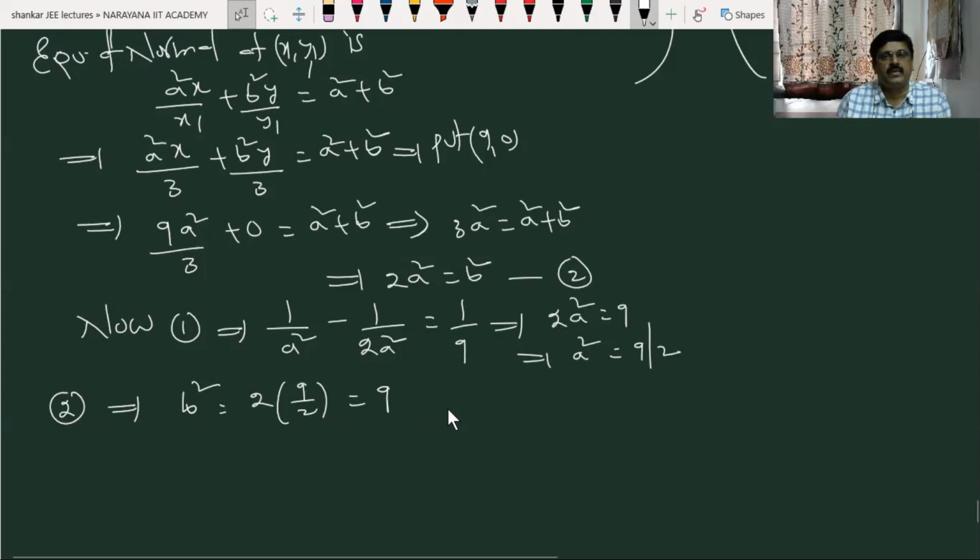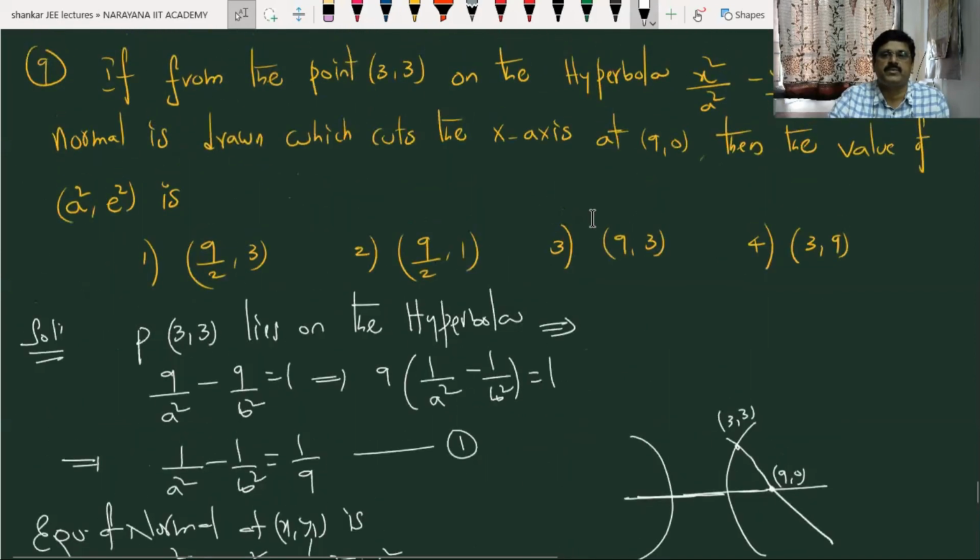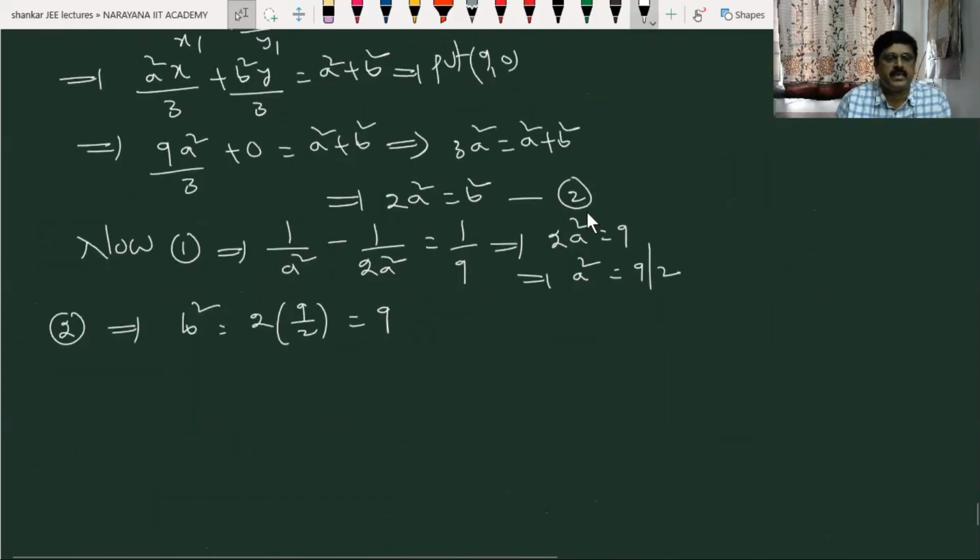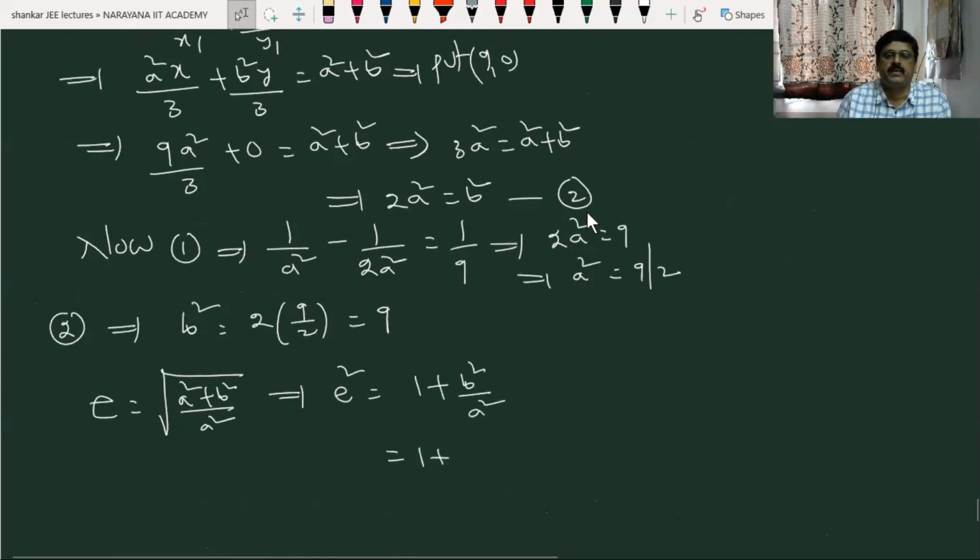Last step. In hyperbola, students, the eccentricity formula, e is equal to root over a square plus b square upon a square. Your task is e square. e square will be 1 plus b square upon a square, which is nothing but 1 plus b square value 9 upon a square value 9 by 2.